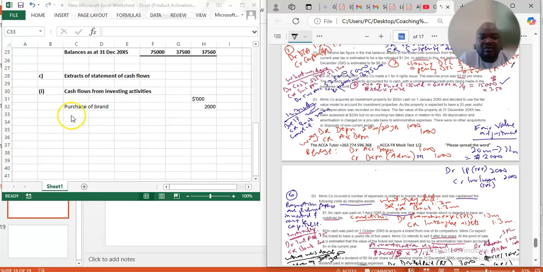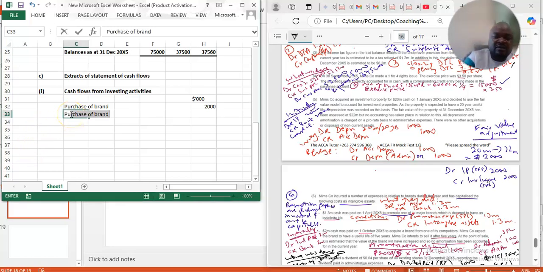All right, so purchase of investment property. How much was this? This was 20 million. Remember, these are outflows, so 20,000 should be an outflow there.